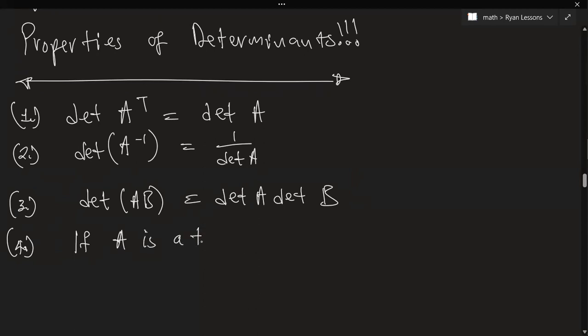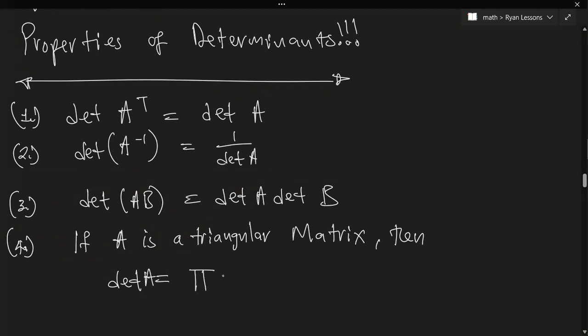is a triangular matrix, then the determinant of A is the product of the a_ii, like this.